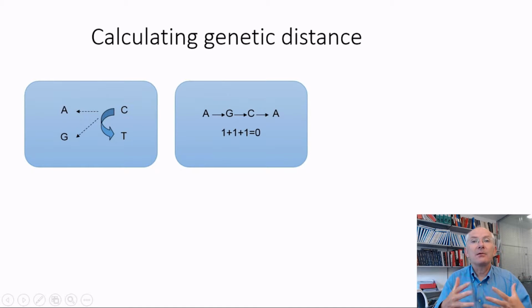Now we can make some reasonable estimates of the degree to which we're underestimating genetic distance based on multiple hits, based on simple statistical distributions.